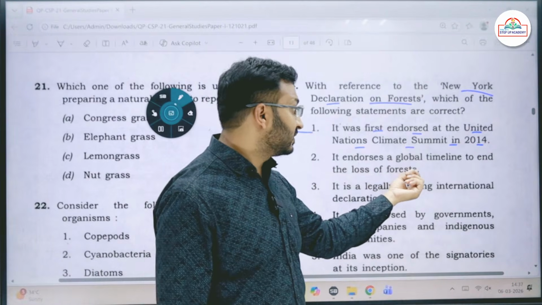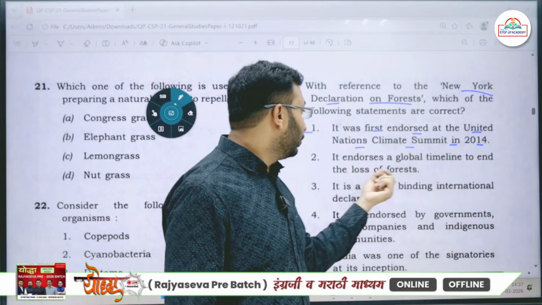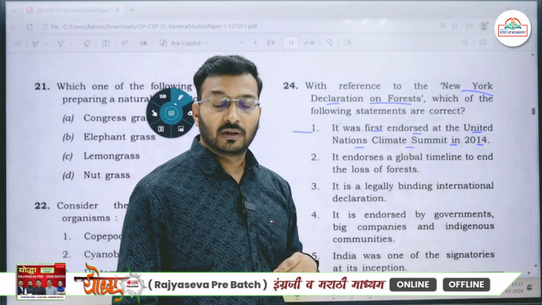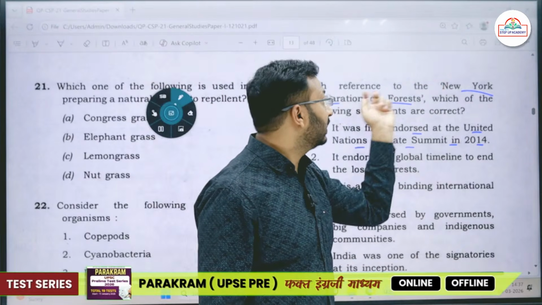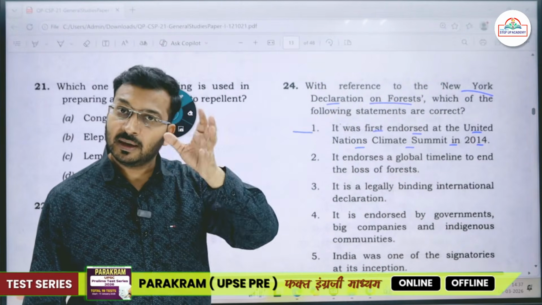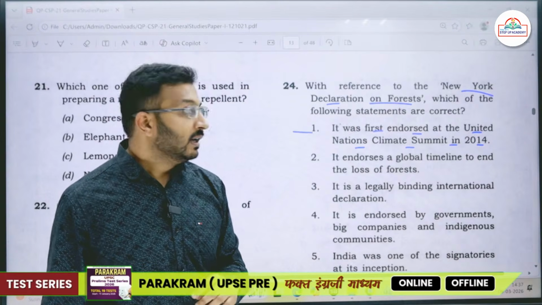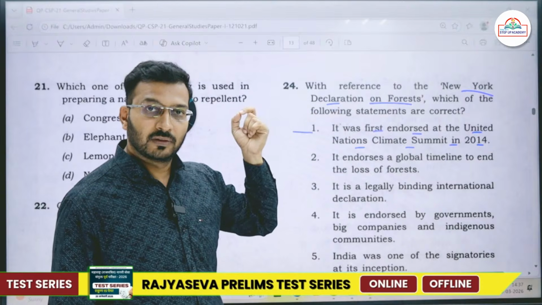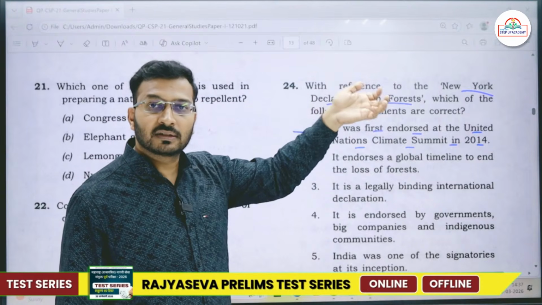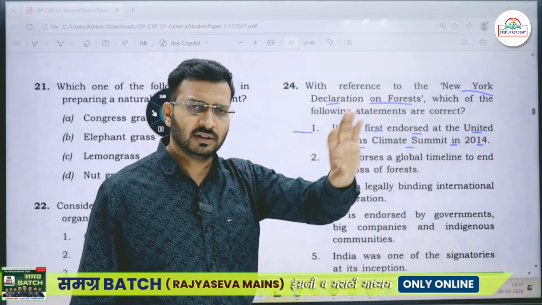It endorses a global timeline to end the loss of forest. Okay? It endorses. Now it is saying New York Declaration on Forest. Again, I am reading the statement very carefully. It is a declaration. Declarations are such things in which people will endorse anything.